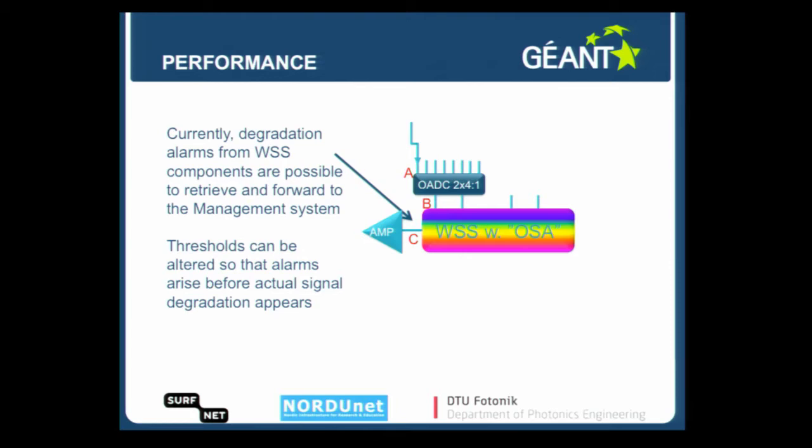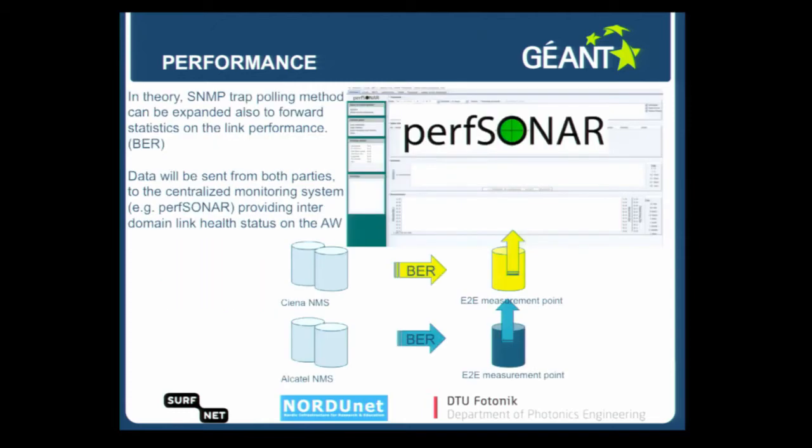And this is ideas. And as I say, that would be the next step. In this case, we would actually be able to have some sort of performance data that could also be sent back to either perf sonar or some other monitoring tool.